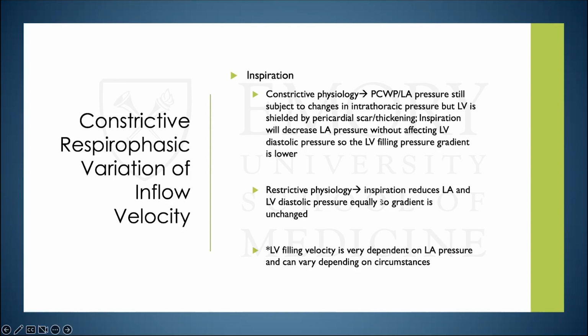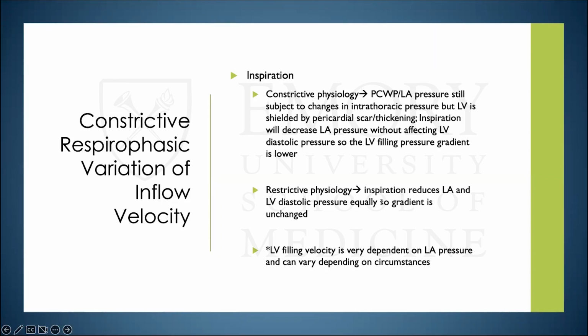And this is secondary to that movement of the interventricular septum. And it's important to understand that the basis for your ventricular filling velocities depends on your atrial pressure and your ventricular diastolic pressure. So what happens in patients with constrictive pericarditis is your left atrial pressure or your wedge pressure can still be somewhat influenced by breathing.